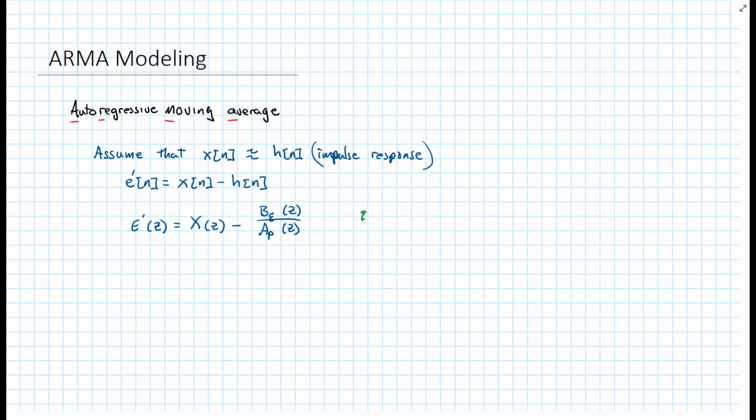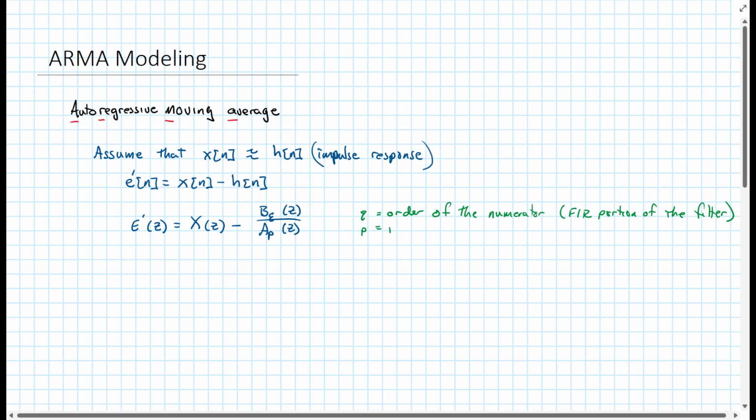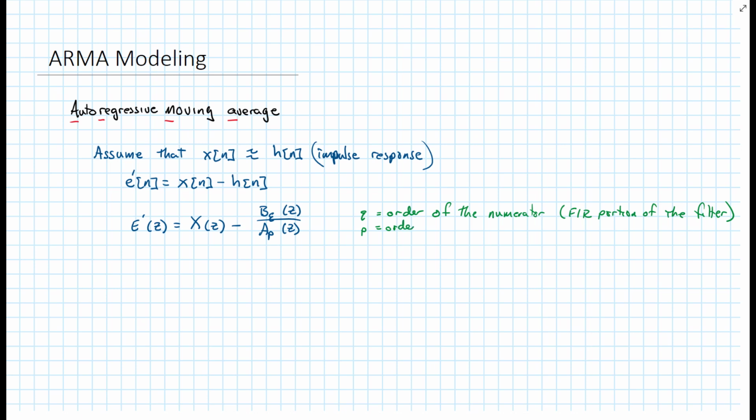Q represents the order of the numerator, and P represents the order of the denominator, or the feedback portion of the filter.